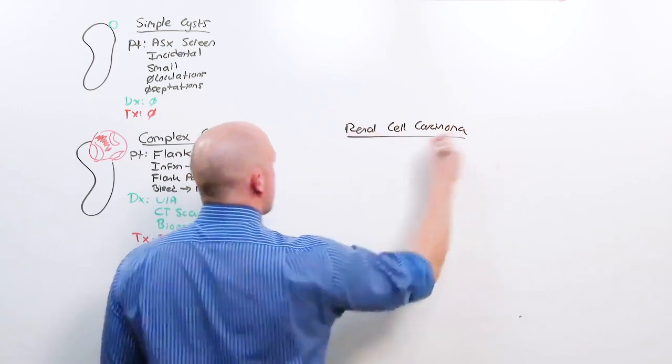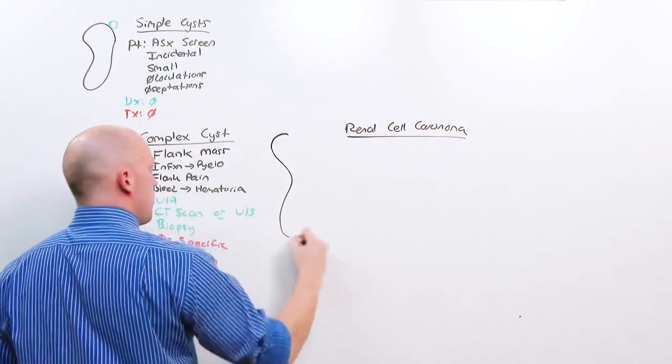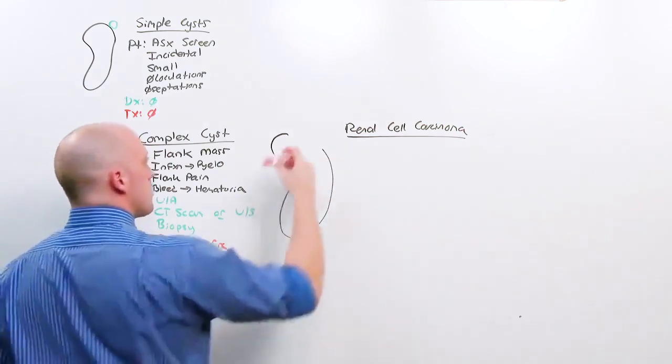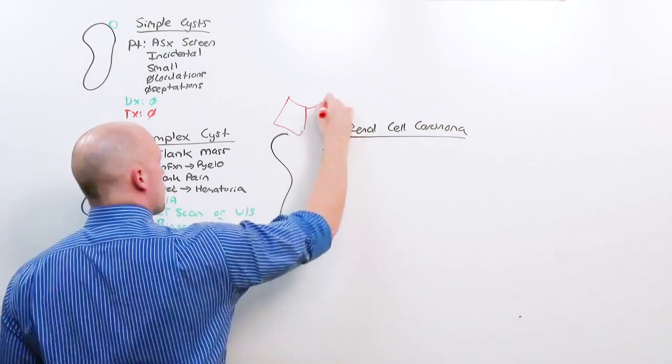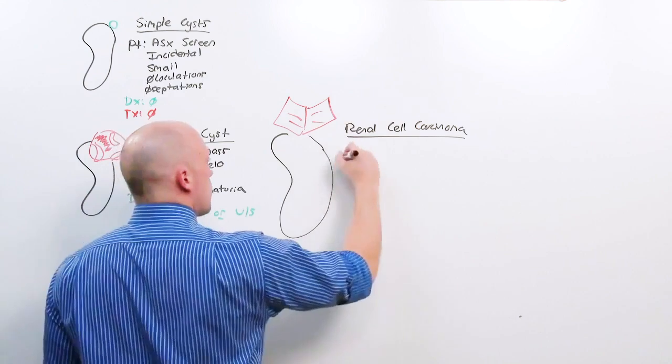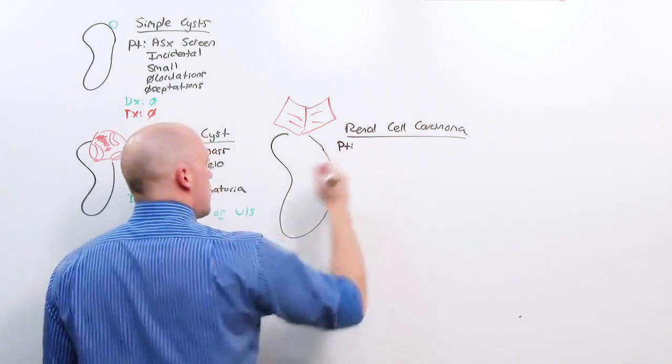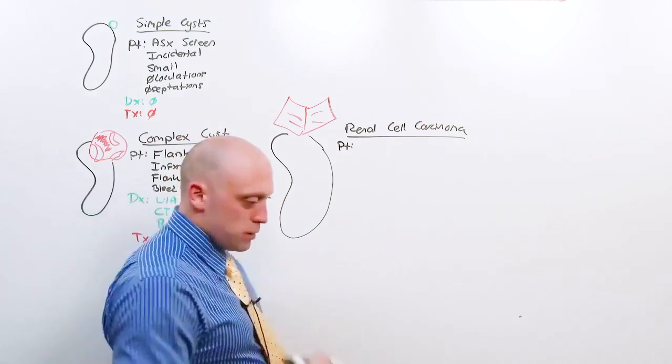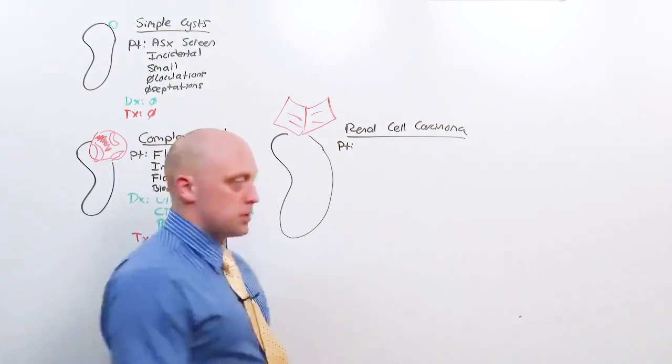presents similarly, but with one big difference. The person with renal cell carcinoma is going to present very similarly to a complex cyst.